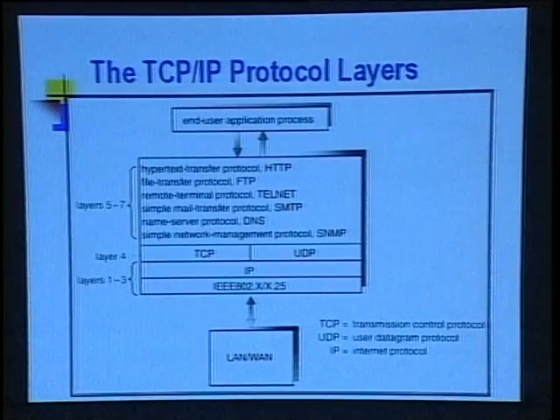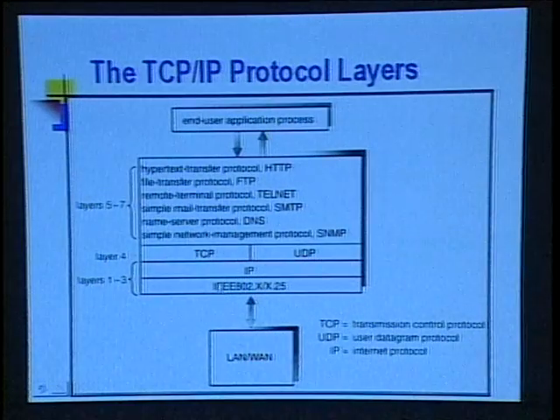Let's look at how TCP/IP fits in our 7-layered architecture. In this diagram, we see we have a LAN or WAN. We start with the physical layer, data link layer, and network layer, from layer 1 to 3. We have IEEE 802, X.25 standards, Internet Protocol standard.